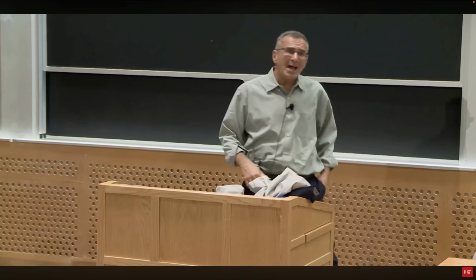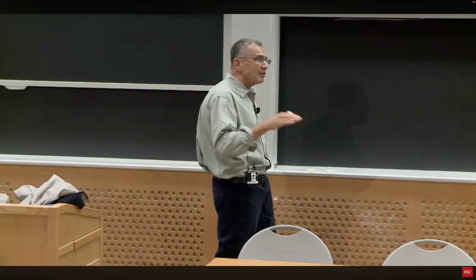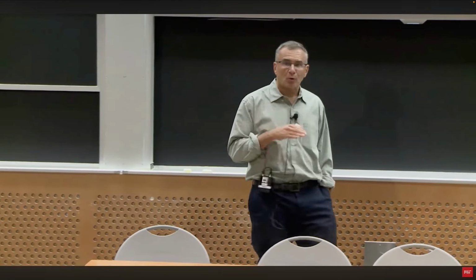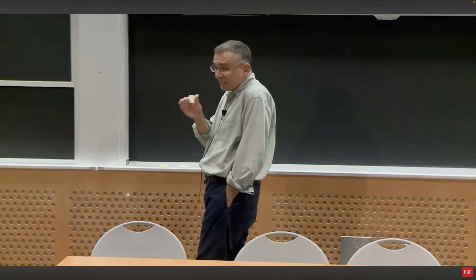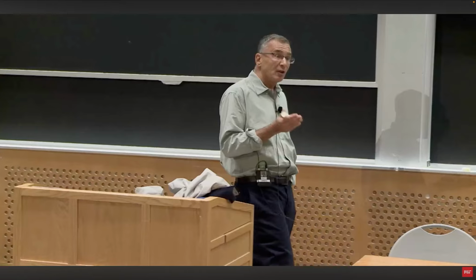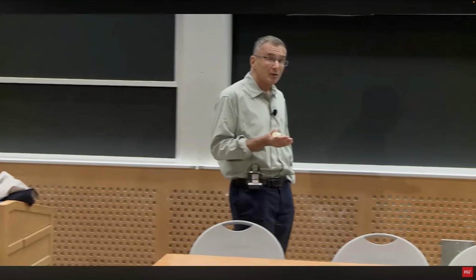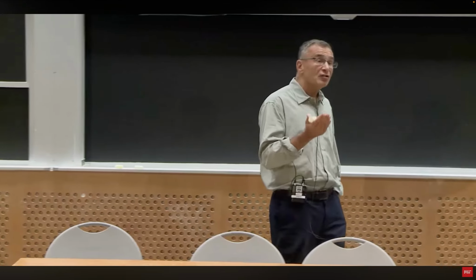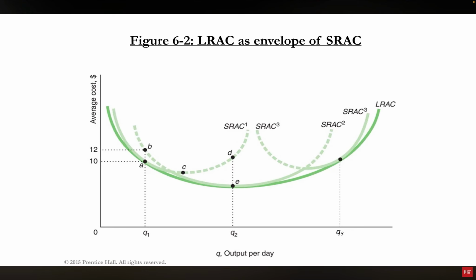But in the long run, no matter what, since it can re-optimize over K, it can always do better than the short run. Or at least no worse. So if it turns out that in the long run demand is Q1, and you chose SRAC1, great. The long run cost is the same as the short run costs. But if by mistake you chose SRAC3, you can do better in the long run by re-optimizing your capital.